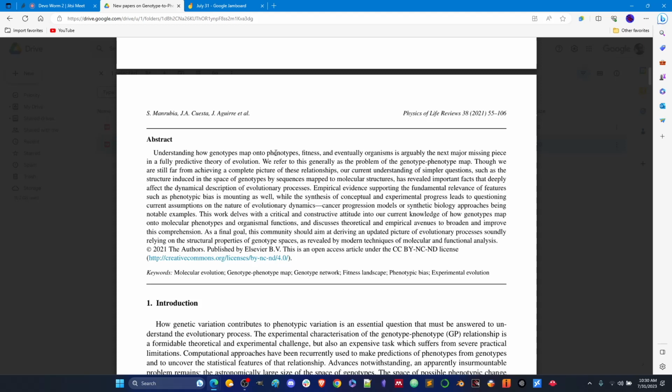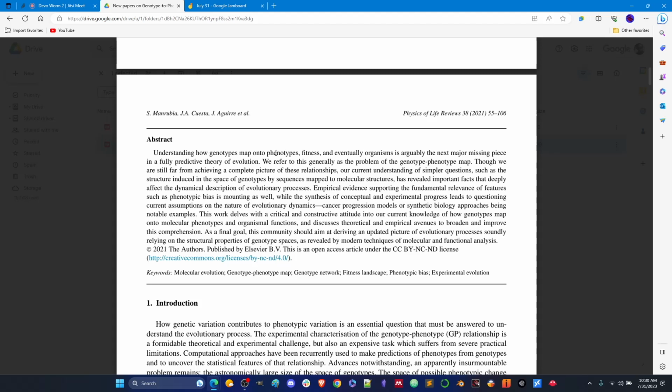Also note that they talk about phenotypes, fitness, and organisms as separate things. A phenotype is not an organism per se. A fitness is not an organism. They're totally different things, and we're going to get into how those are related.